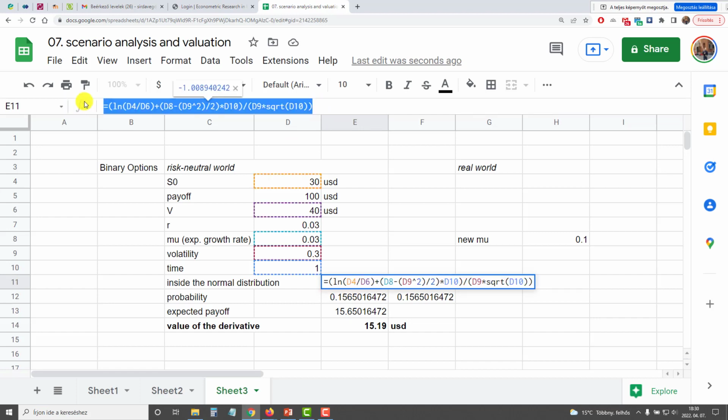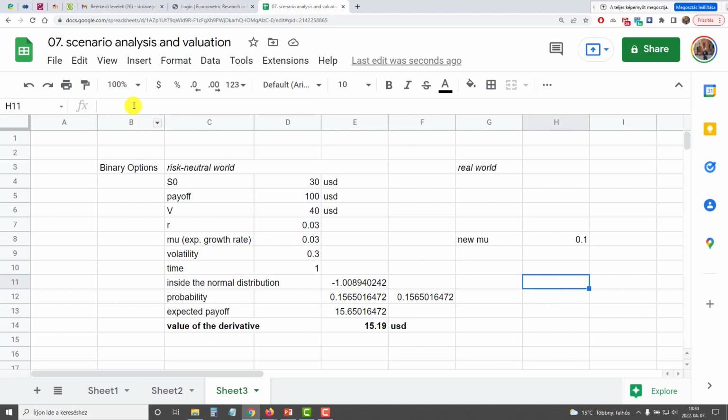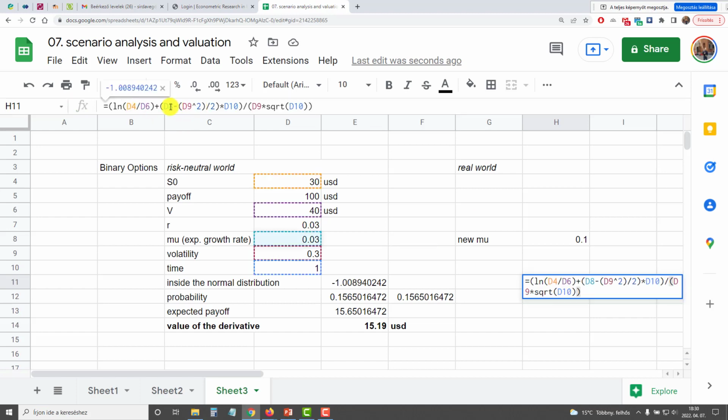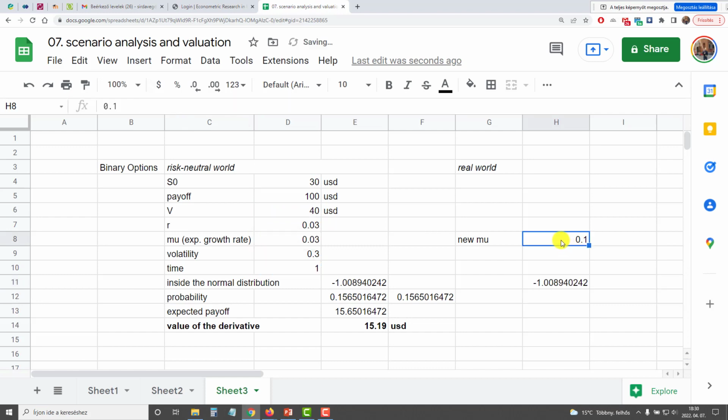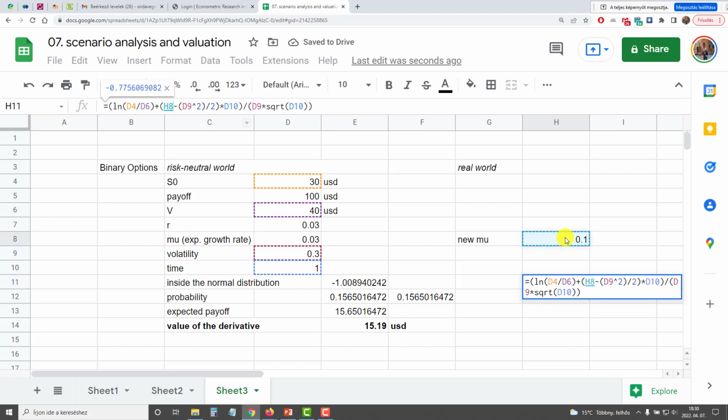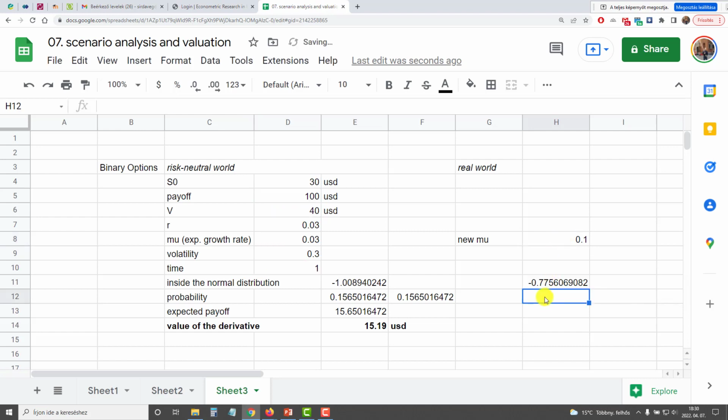So that's why we will copy this equation, paste it here, then remember that the D8 should be changed to H8, and the mu never reappears again, so we added this modification due to the changes in the risk, and the rest of it can be copy and pasted.